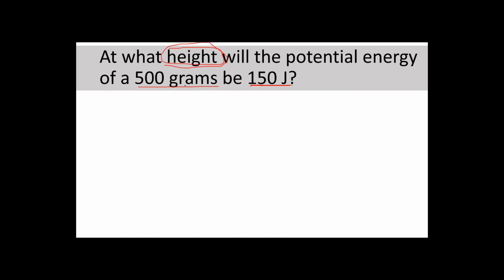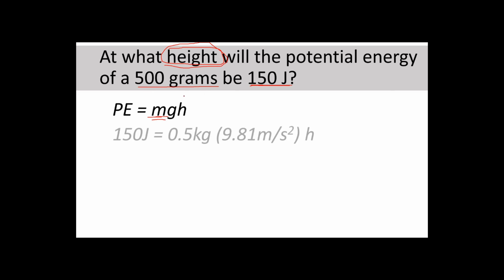Using the equation, since mass must be in kilogram, we need to convert first 500 grams to kilogram. Converting this to kilogram, that is equal to 0.5 kilogram. The gravity is 9.81, then the potential energy is 150 joules.